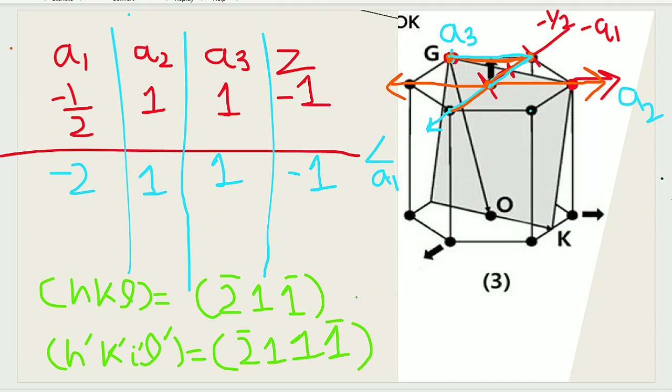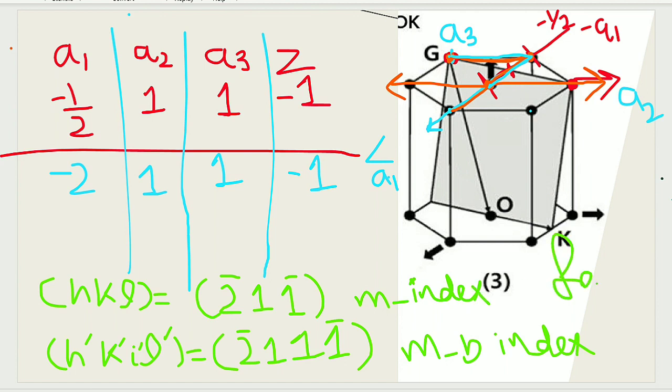These are the Miller index and this is the Miller-Bravais index, for plane 3 in figure 3.